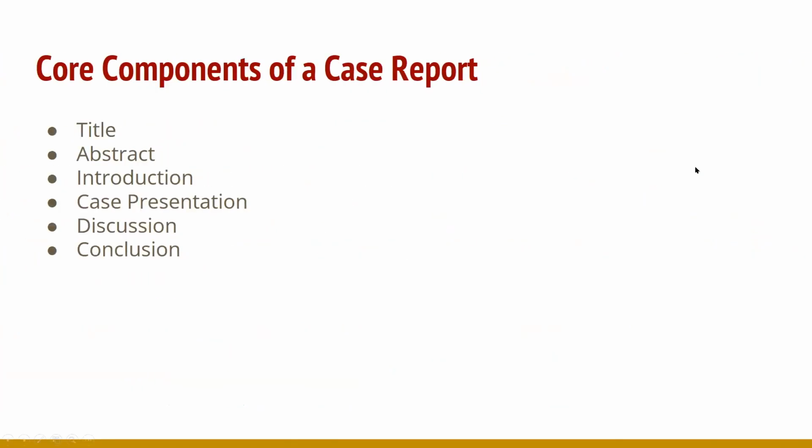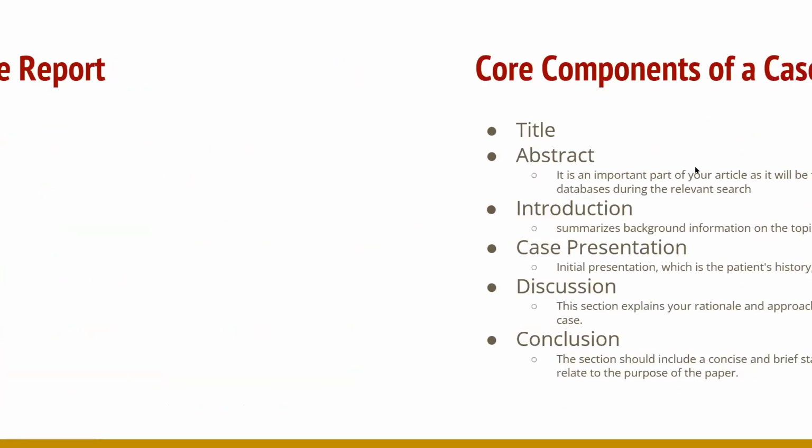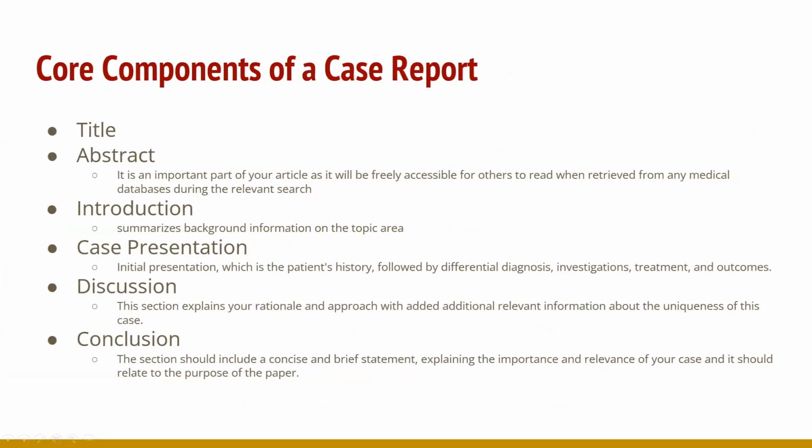But nonetheless, here are the core components of a case report. You have the title, abstract, introduction, case presentation, discussion, and conclusion. Regarding the title, you want something kind of catchy. The abstract is an important part of the article as it could be freely accessible for others to read on online databases like PubMed, Google Scholar, and so on.